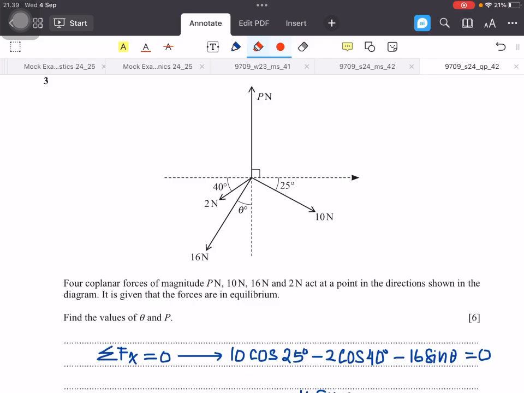Since the system is in equilibrium, then we can say that the net force in the x direction is equal to 0.